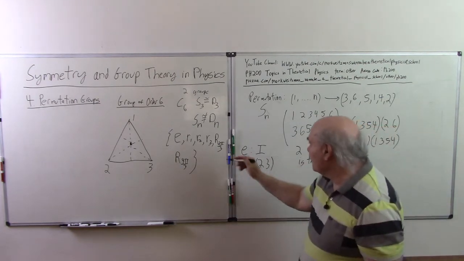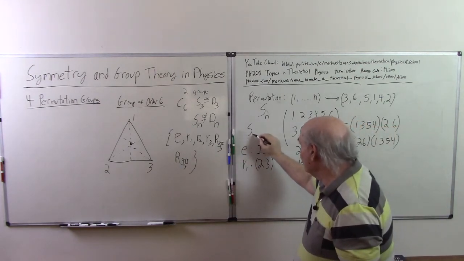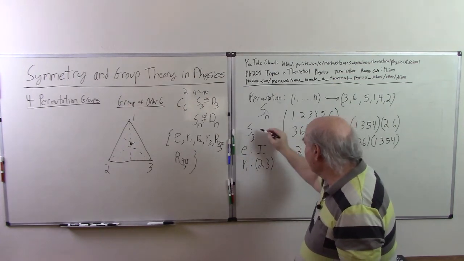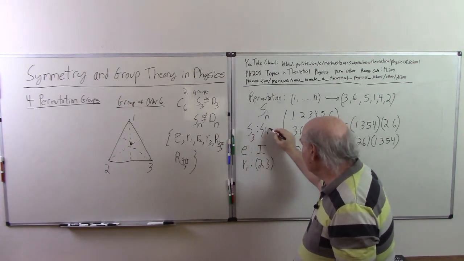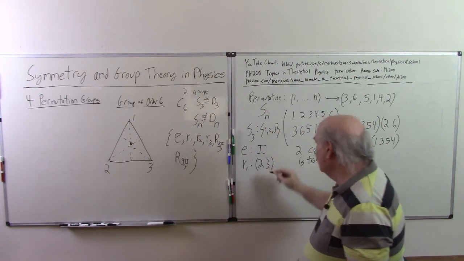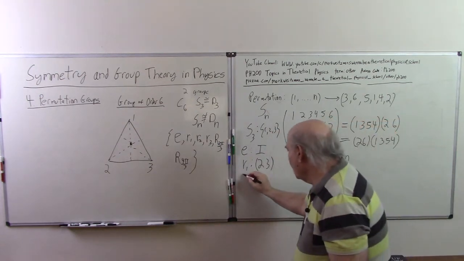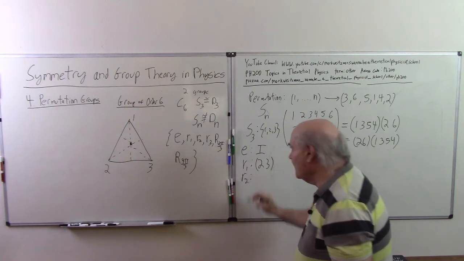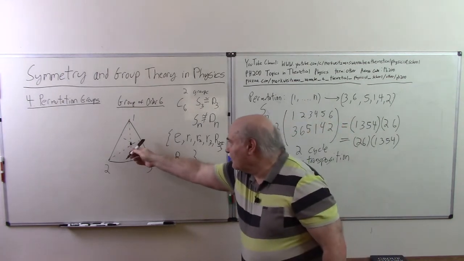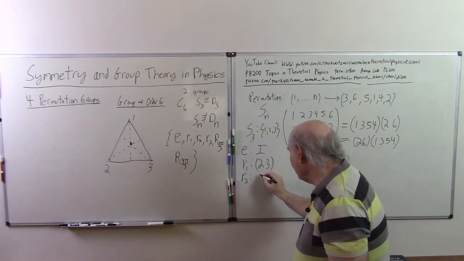Right now we're doing the permutation group on 3 objects. So we have 1, 2, 3. R1 is the transposition (2 3). R2, when we flip around this axis, is the transposition (1 3).